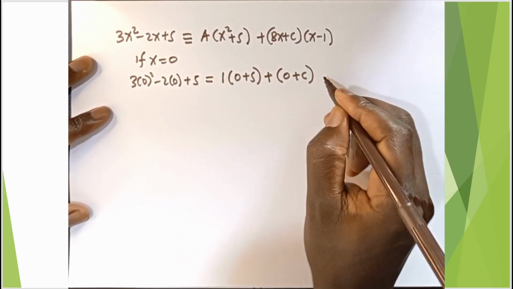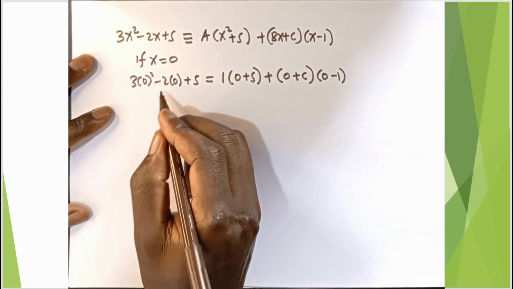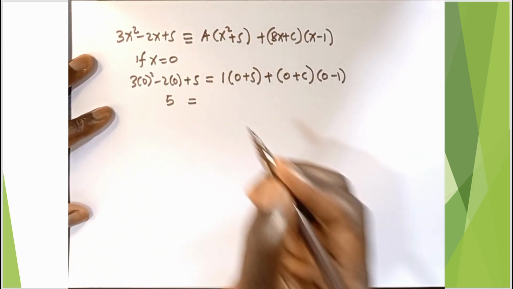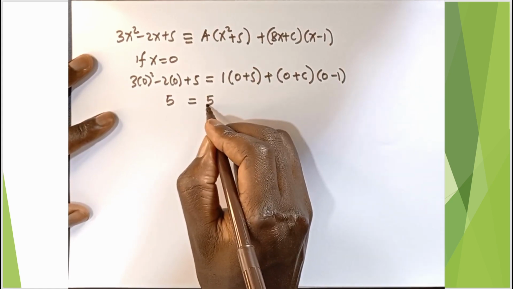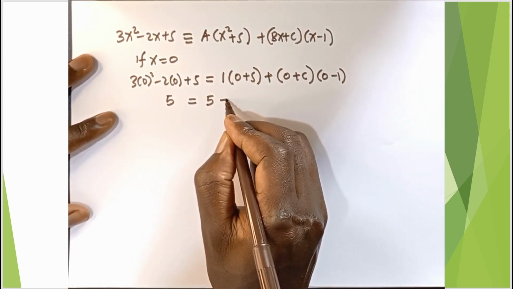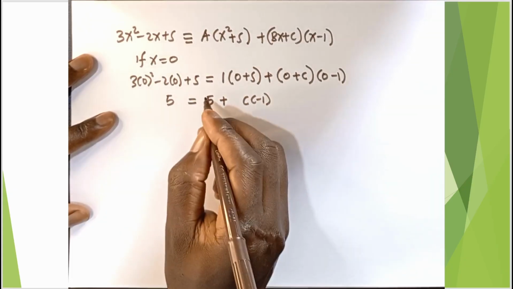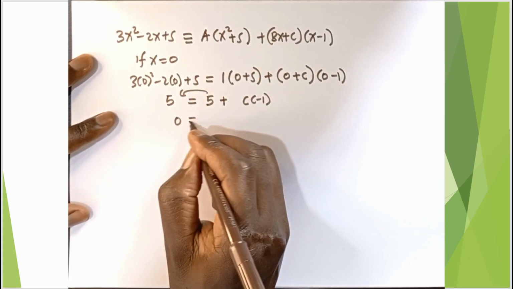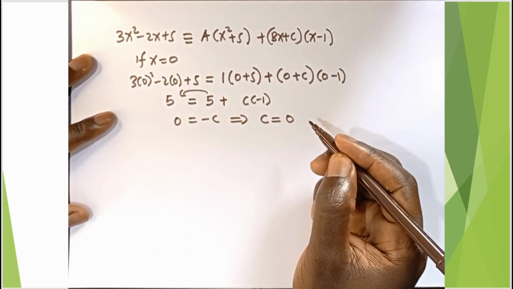We remain with c into 0 minus 1. So this gives us 5 is equal to 5 plus c into negative 1. Taking this to the other side, we have 0 is equal to negative c. This tells us that c will equal 0.